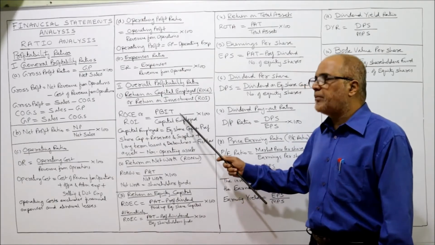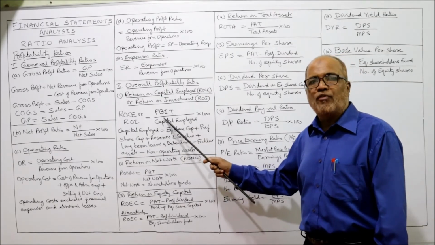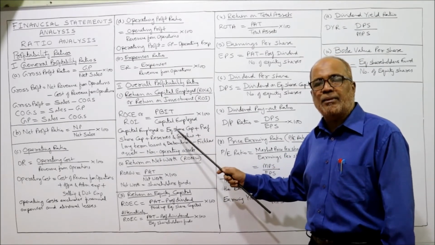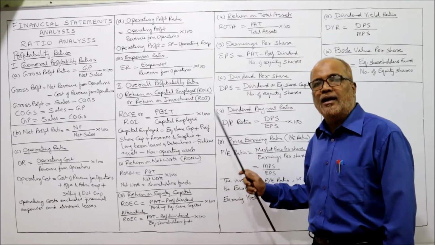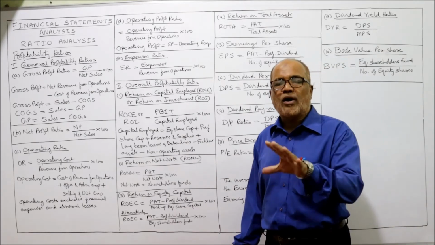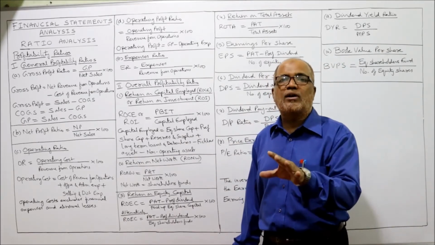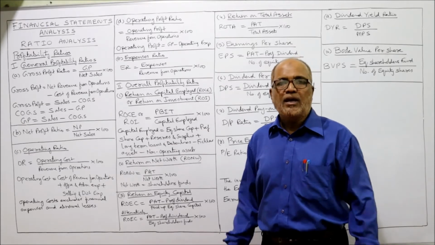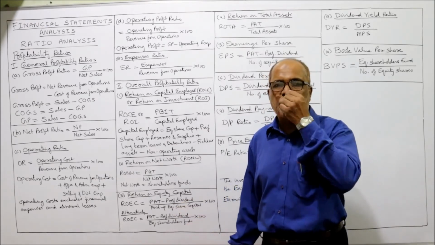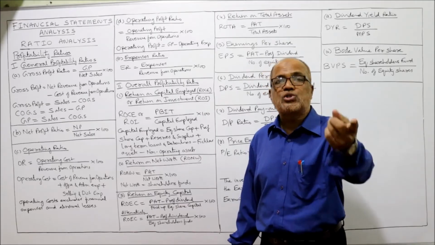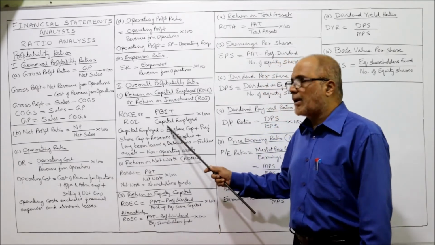The formula is PBIT, profit before interest and tax, divided by capital employed into 100. This formula will give you the overall profitability on investment. Investment includes all investment whether by the owner or outsider. That's why we use capital employed.